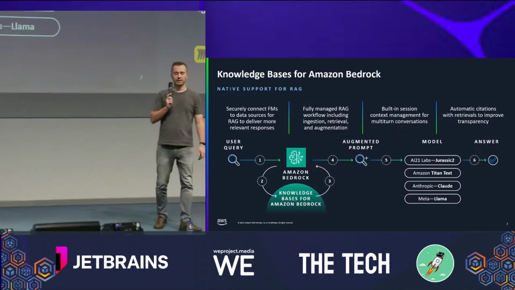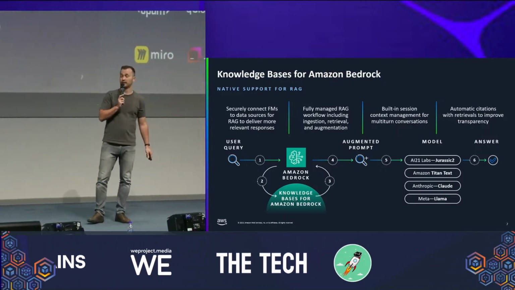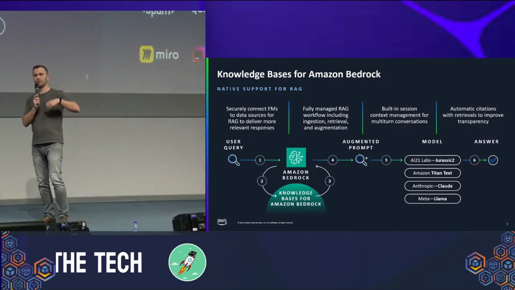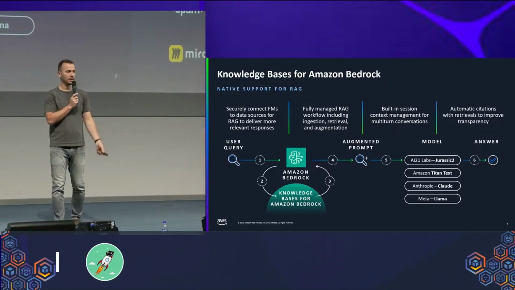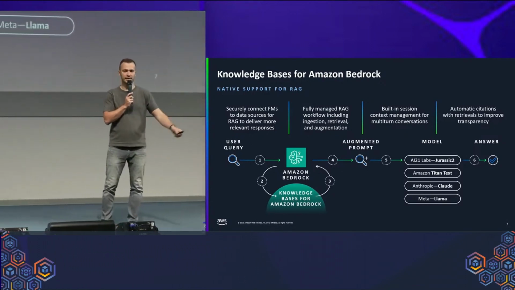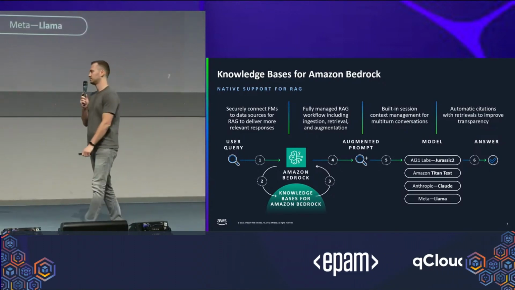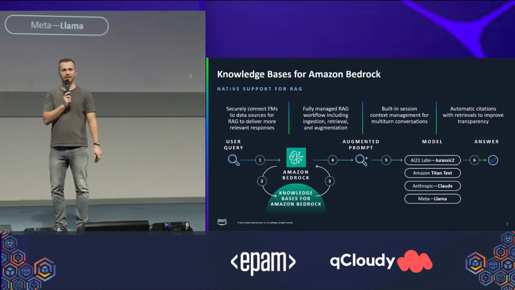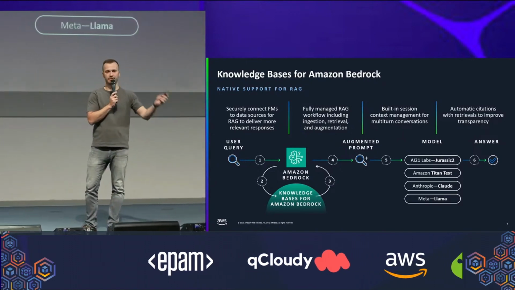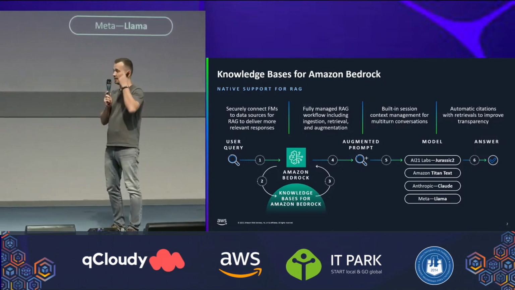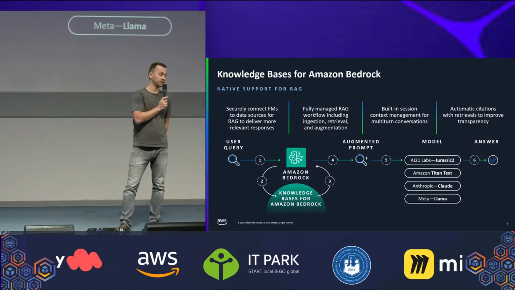So retrieval augmented generation, RAG, how does it work? It's all about putting more context in your prompt. Of course, you can write a really long prompt and type everything by hand, but it's just not effective. The more effective thing is to create a knowledge base, put everything in the vector database, and use an embedding model, just like I told you minutes ago.